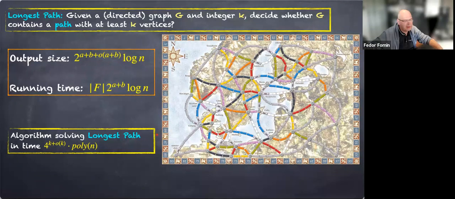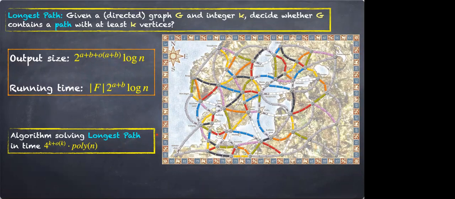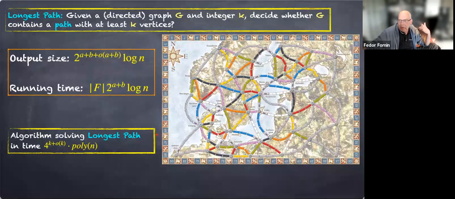Okay, I got your question. I showed you two variants of the lemma. In one variant, all sets A were of the same size, and all sets B were of the same size, small a and small b. Then I told you there is an even slightly more general variant of the lemma, where the sets A could be of different sizes and the sets B also could be of different sizes.